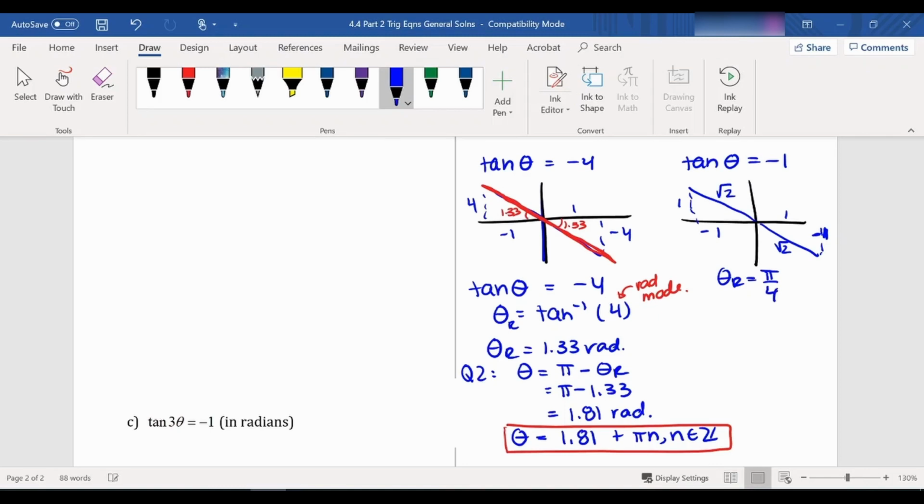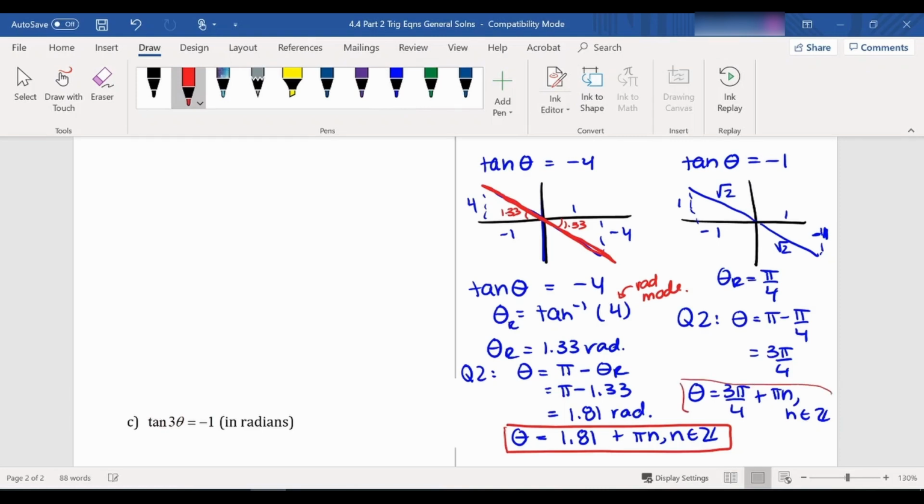Again, I don't need both quadrants. So I'm going to just use our quadrant 2 angle, where theta would be pi minus pi over 4, which is 3 pi over 4. If I add 180 degrees to that, I would get to the quadrant 4 angle. So theta would be 3 pi over 4 plus pi n, where n is an integer.